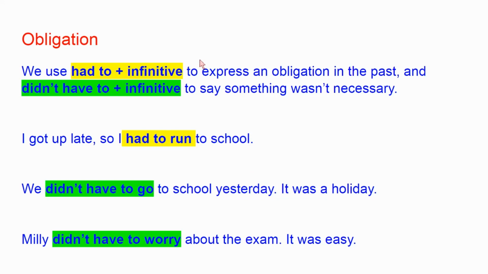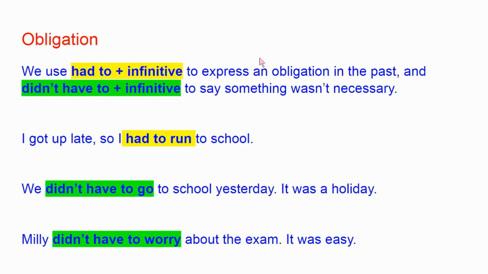So, for obligations, we use had to plus infinitive to express an obligation in the past. Muy bien. So, how do we know an obligation? Because it is in the past. Y para esto tenemos que leer, analizar e interpretar una obligación en una oración.